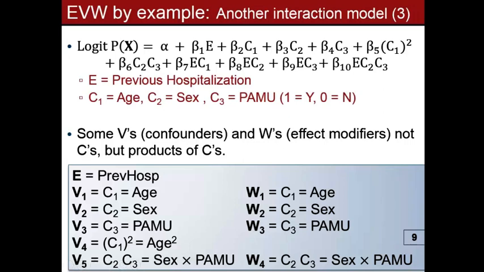Well, first of all, what if the association between the log odds and age is not linear? Here we have C1 in the model, just by itself. What does it mean to have a continuous age variable in your logistic regression model, just by itself?